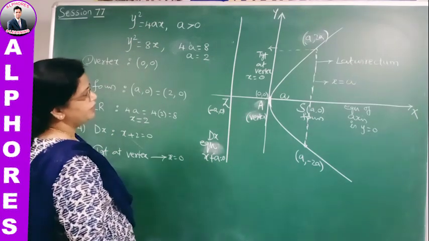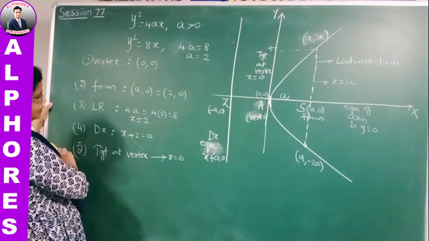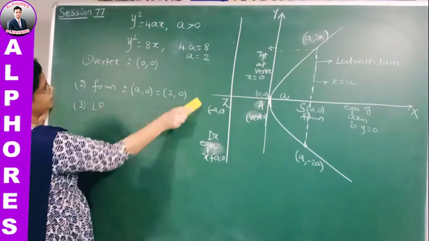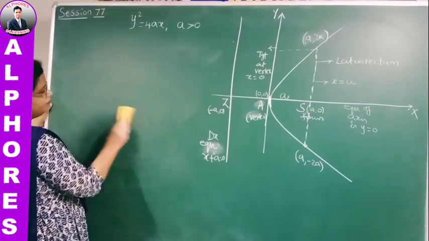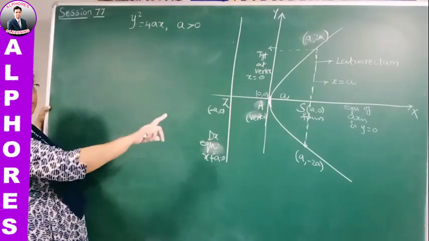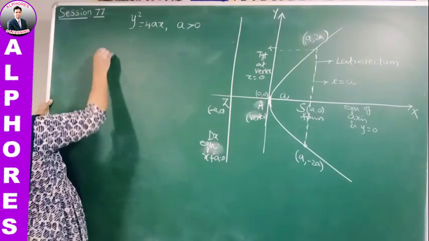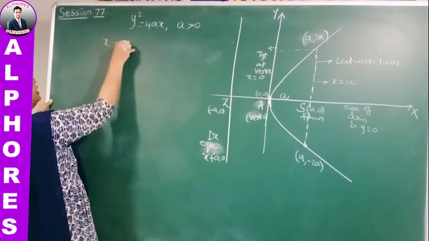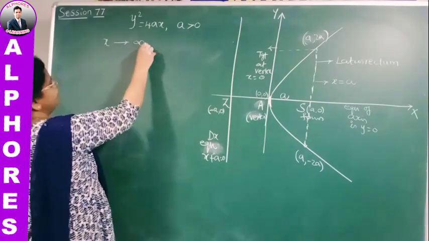And now what are still other observations from the curve? Now if a is greater than 0, observe the x value and y value. Other kinds of observations apart from these coordinates. The observation is, students, when x is very large, then what about the y values?